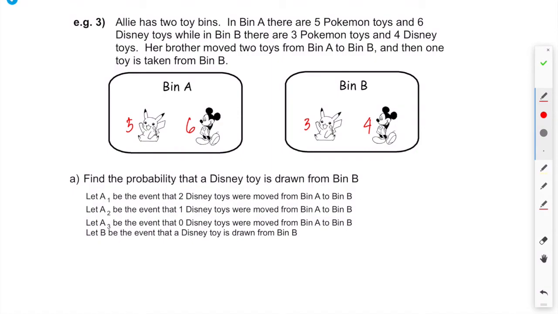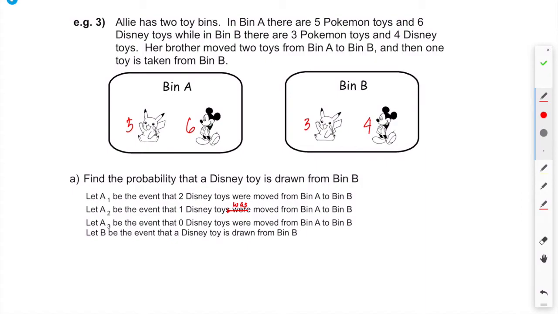We know that the probability of getting a Disney toy when Allie draws from a bin depends on how many Disney toys got moved from bin A to bin B, correct? Which technically means we have to consider all the scenarios that could happen: out of the 2 toys that got moved, 2 are Disney, 1 is Disney and 1 is Pokemon, or none of the Disney toys got moved. This will affect the number of Disney toys in the second bin because it may change from 4 to 5 to 6.